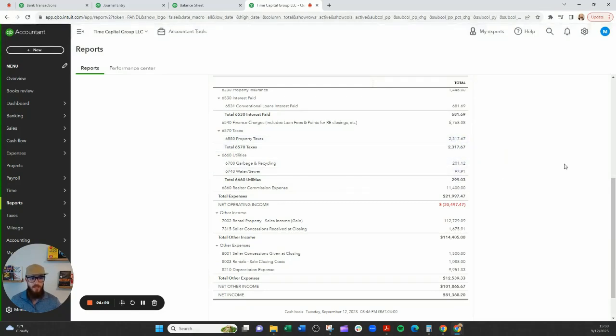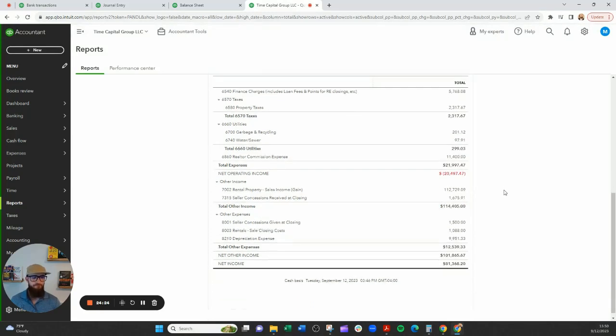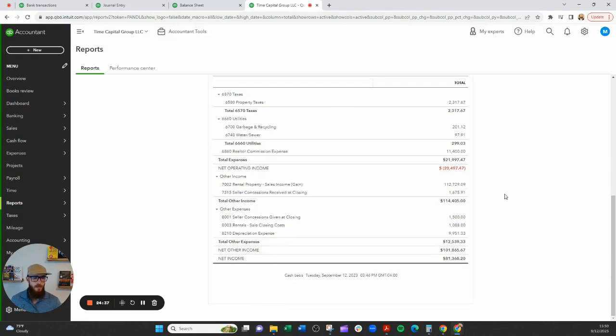We have some utilities here that are not capitalized, realtor commissions, and your gain, you can see it here in other income from the sale, which is where I personally like to see it. Seller concessions received at closing are there as well. Seller concessions given at closing, we saw that with our journal entry and our HUD statement. Sale closing costs from the HUD statement we just entered.